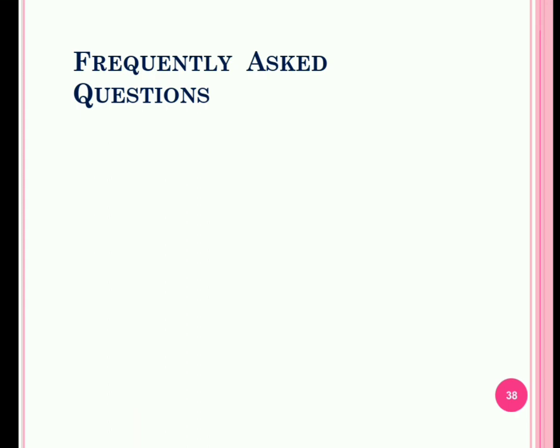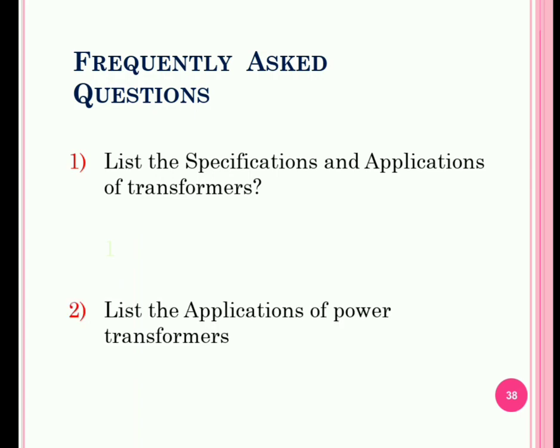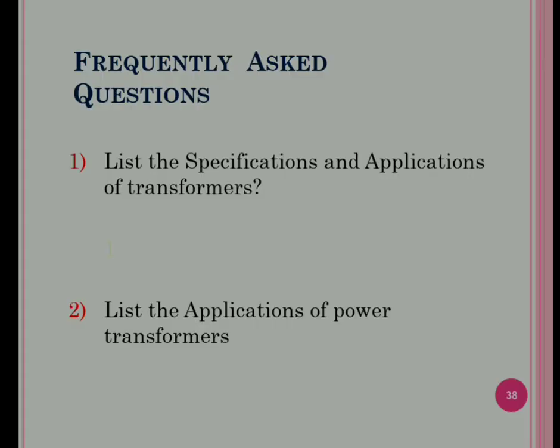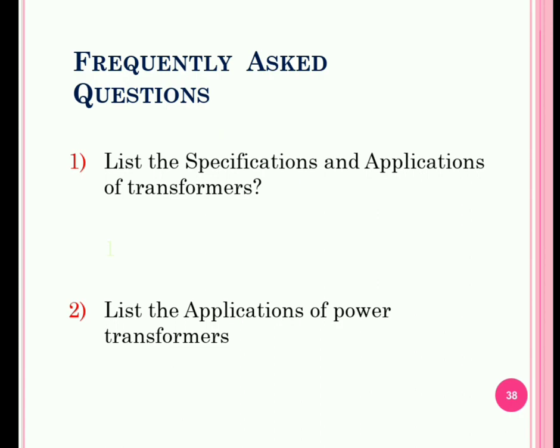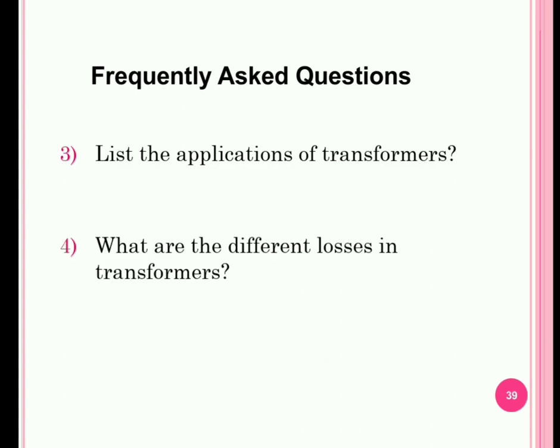Then, what can be frequently asked questions from the topics we have covered? List the specifications and the applications of the transformers. Then list the applications of the power transformers. Another possible question is to list the applications of the transformer in real life. Then, what are the different losses occurring in the transformers?